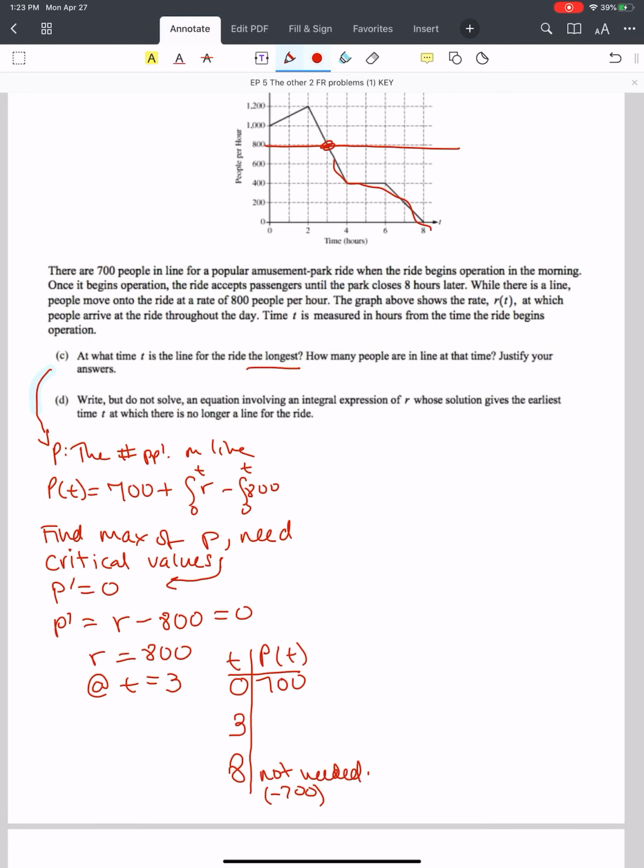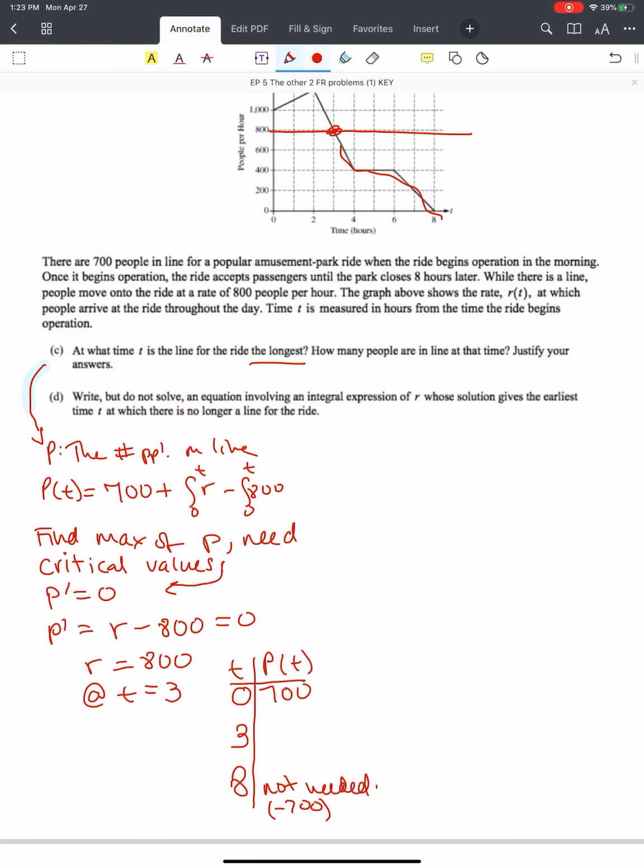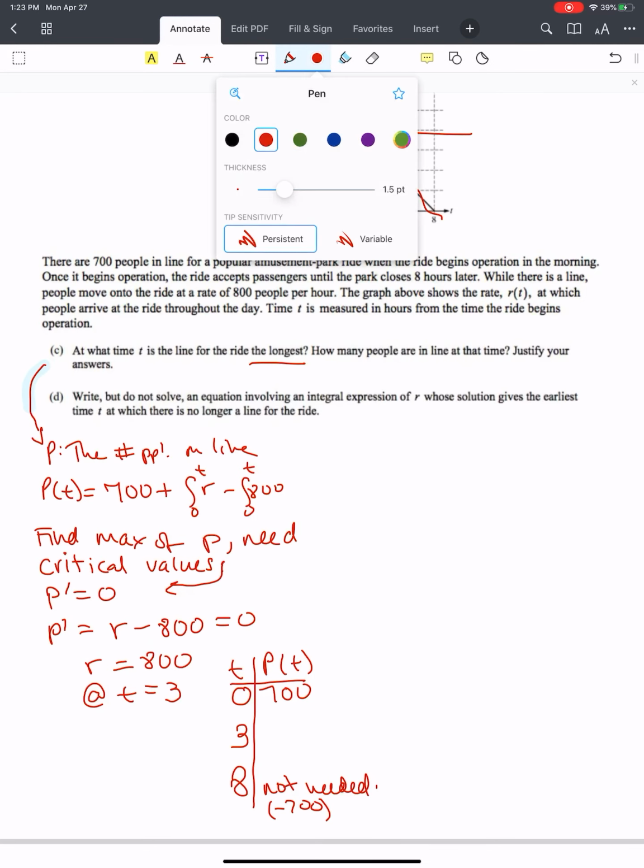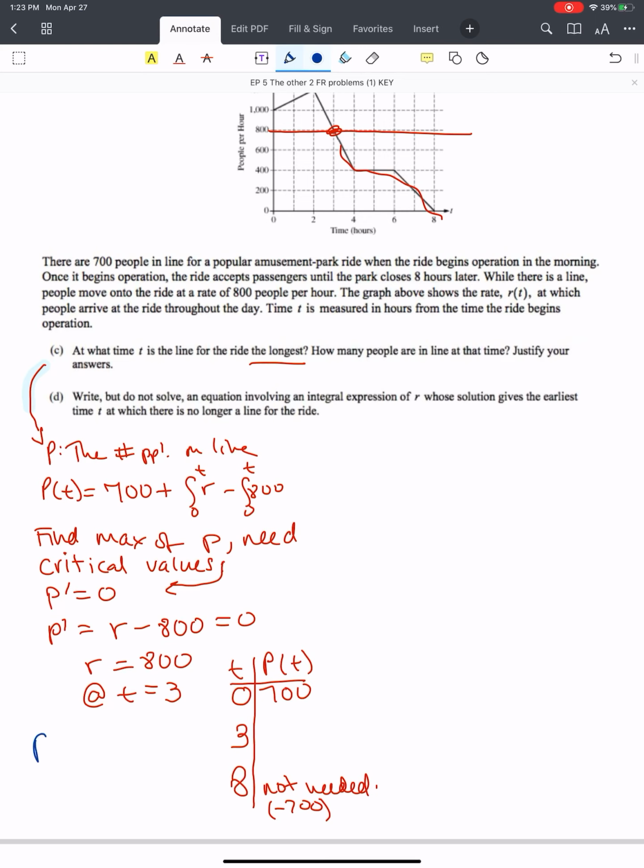So I'm going to go back. I'm going to use a different color just in case you're running through this fast. So P of 3, now I don't want the rate of 3. I already know the rate of 3 is 0, but I want to know P of 3. So that would be 700 plus the integral from 0 to 3 of R minus the integral from 0 to 3 of 800.